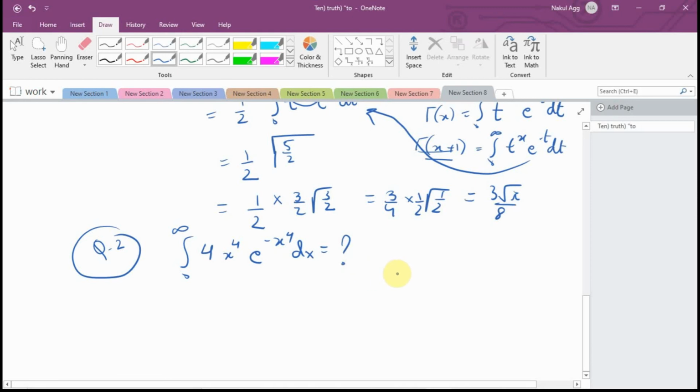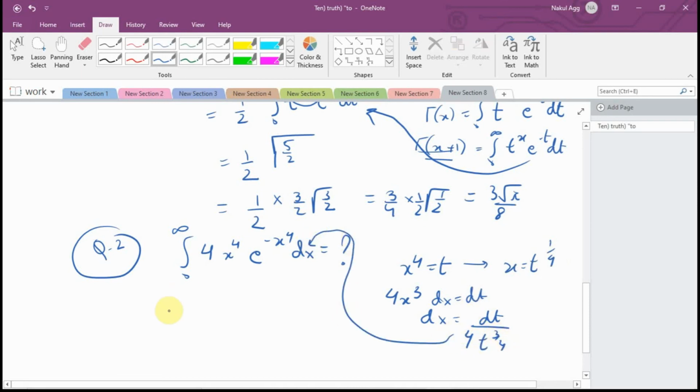So we will substitute x to the power 4 is equal to t. So we have 4x cube dx is equal to dt. So we have dx is equal to dt by 4 x cube. Here we can write x is equal to t raised to power 1 by 4. So x cube is equal to t raised to power 3 by 4.